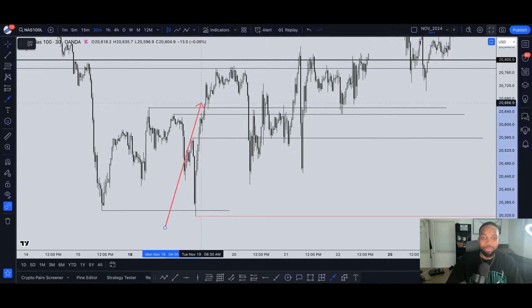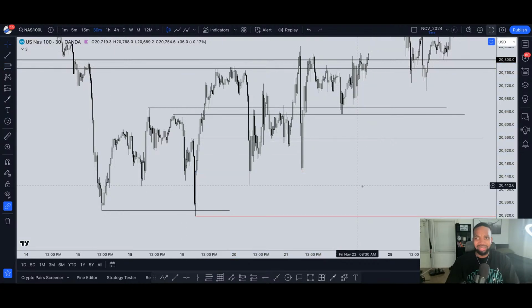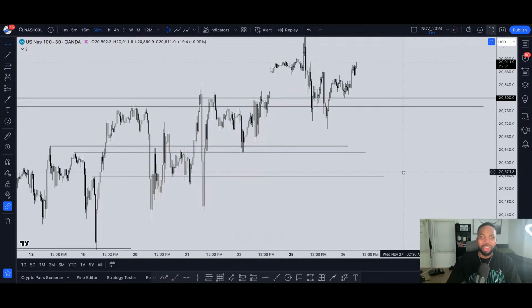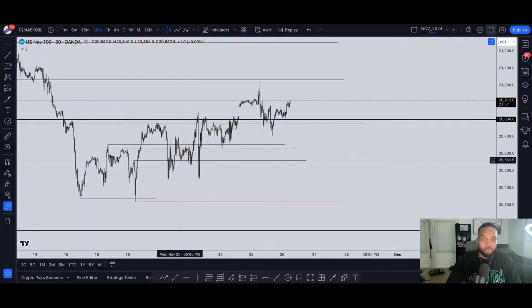So that when price did come back down, there was no other option but to buy. And if you draw your fib from, again, these lows to the highs, we came right back down to the 786. And again, this is basic structure. And then price played around, slowly working its way up.